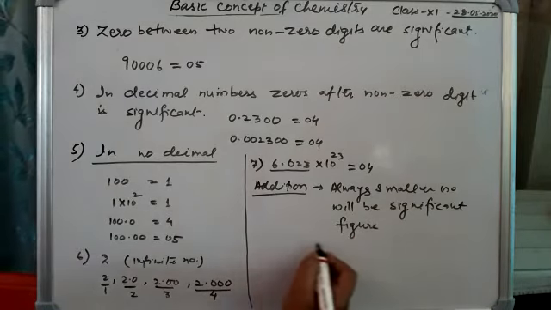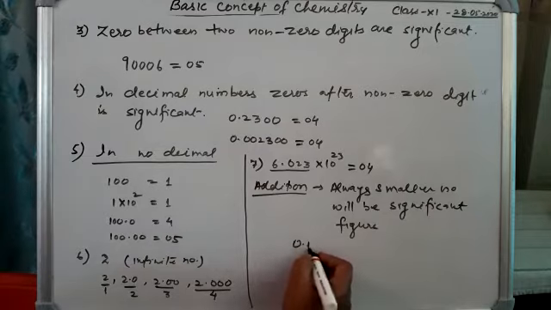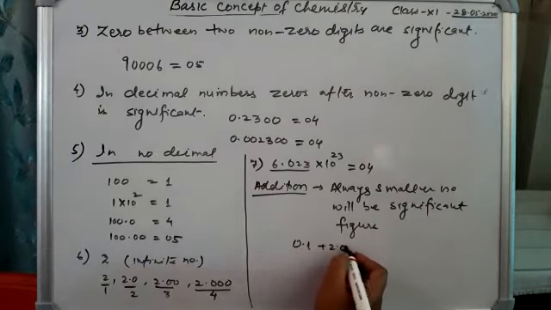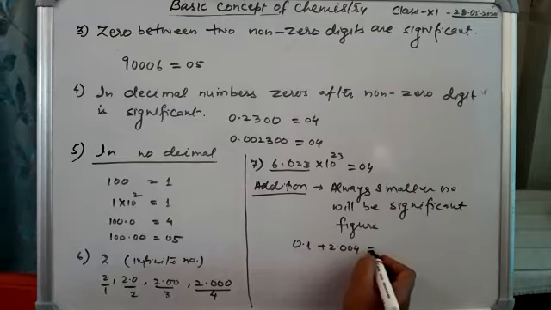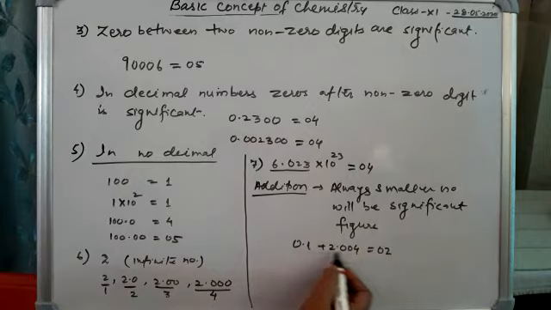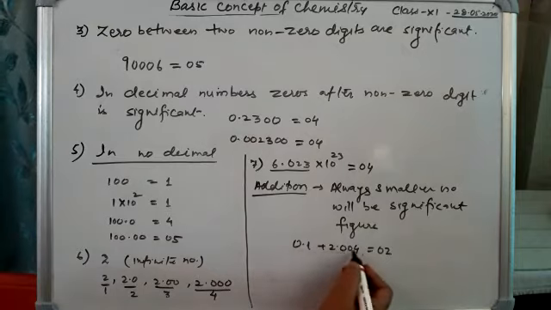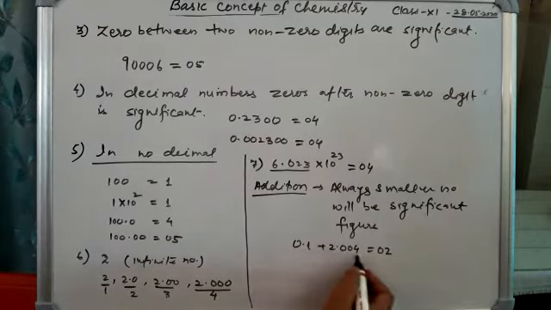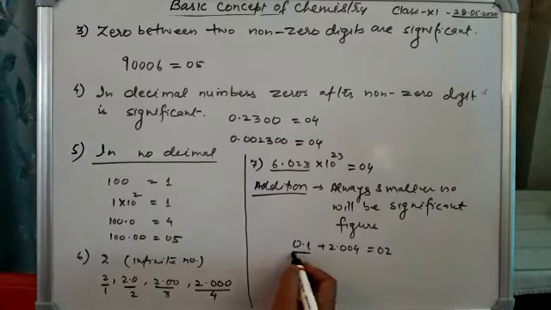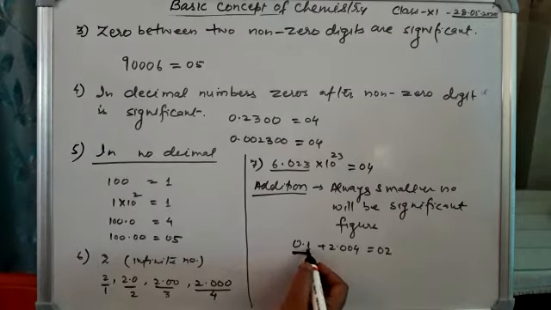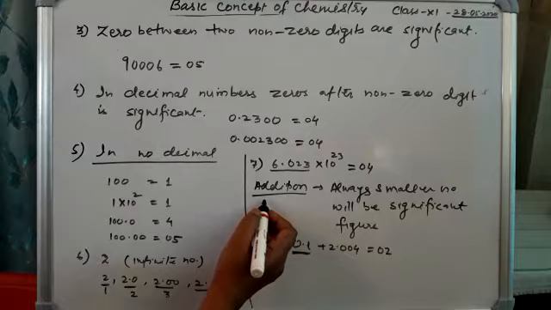For example, if we write 0.1 plus 2.004, which gives 0.02, how many significant figures are present? The smaller value of these, so this will be the significant figures in the case of addition.